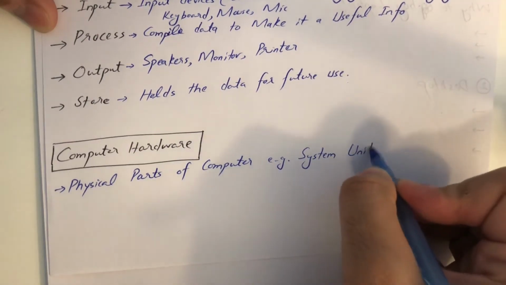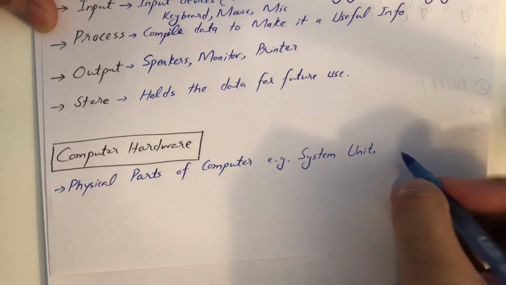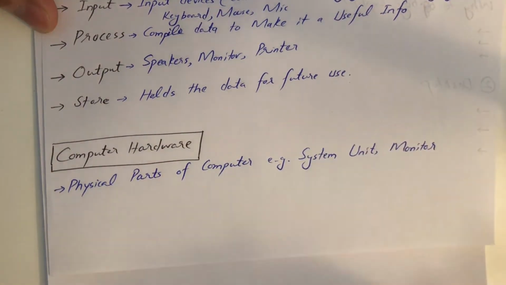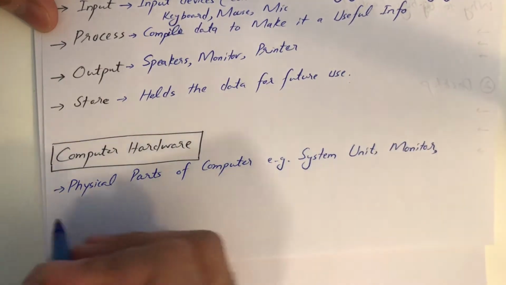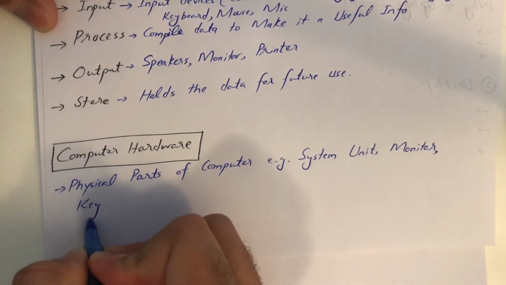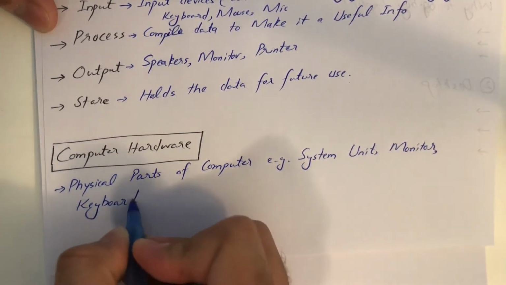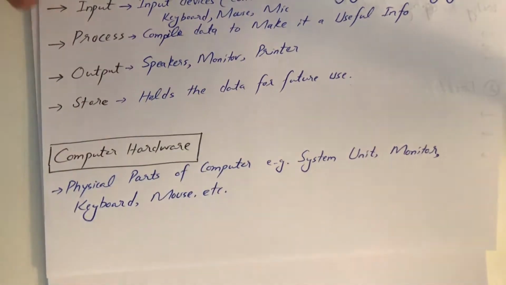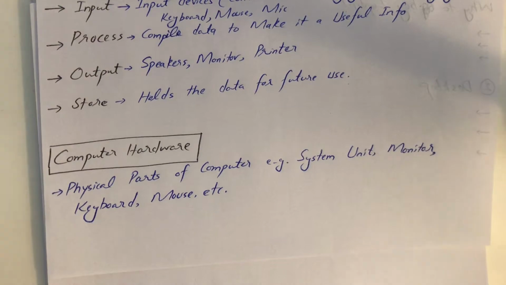Some of you might have heard about the system unit, we'll talk about it. For example, the monitor, peripherals, let's say keyboard, mouse, etc. These are called computer hardware.